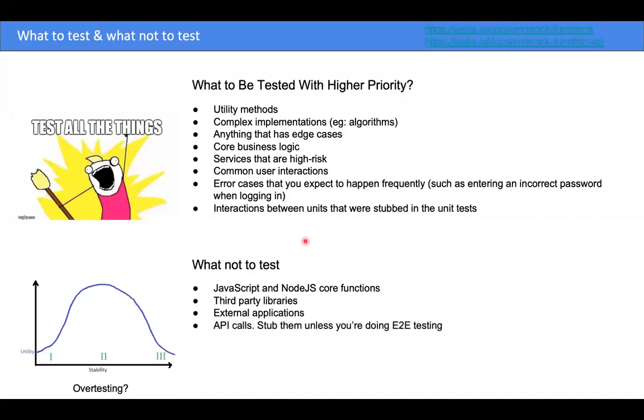API calls most of the times should not be tested on the front-end side. So they should be tested only if you're doing API end-to-end testing. Otherwise, you should stub them, mock them, and so on. Database operations, you should avoid most of the times as well, unless you're doing end-to-end testing, because these database operations and the API calls and touching the file system as well, they're very slow operations.